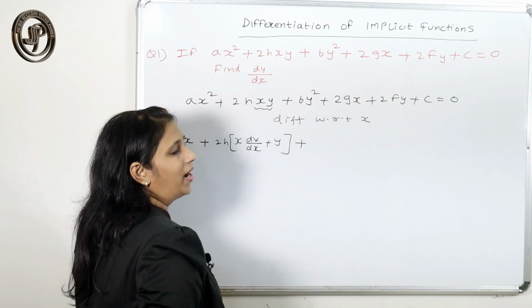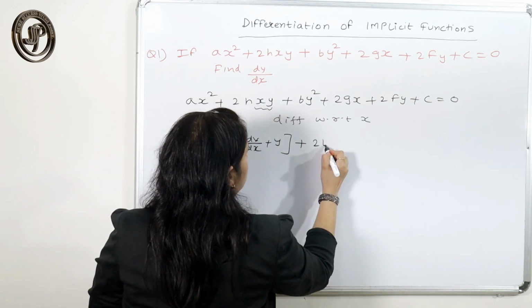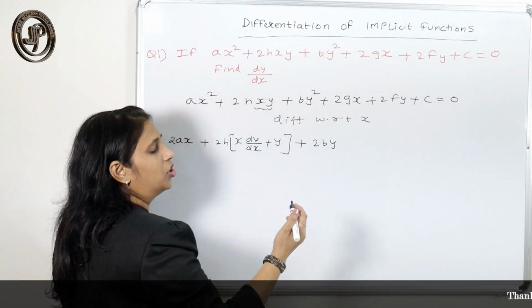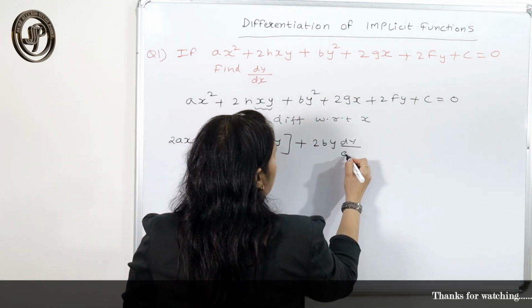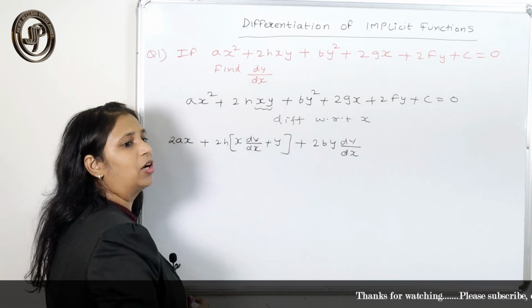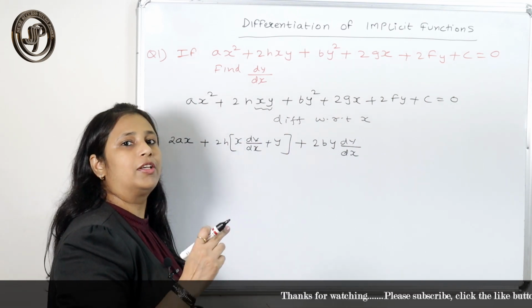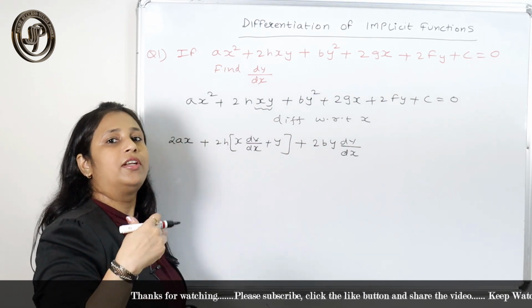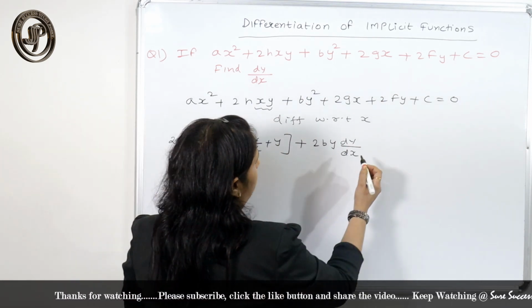Here y square gives 2y, so it is 2by, and then again with the chain rule, differentiation of y will be dy by dx, because you are differentiating with respect to x.